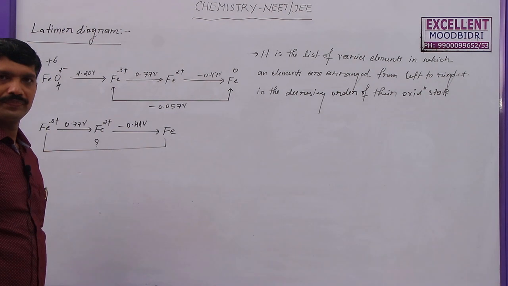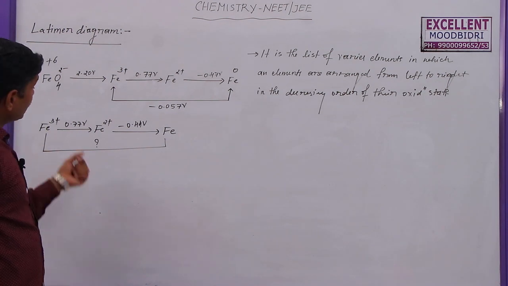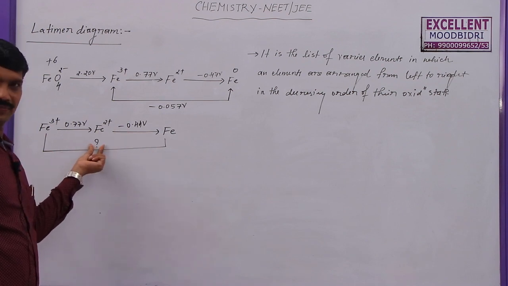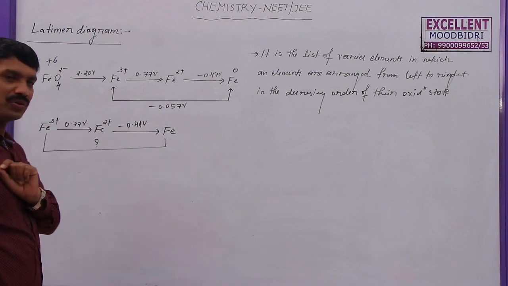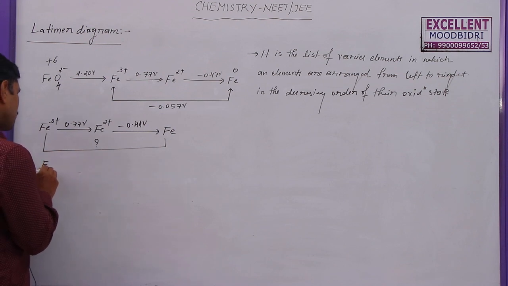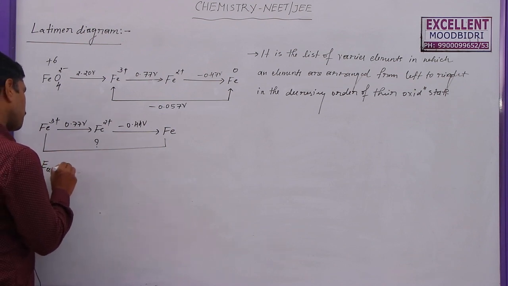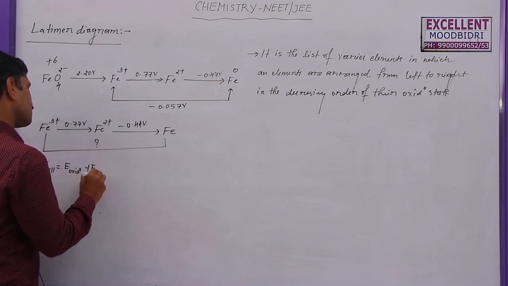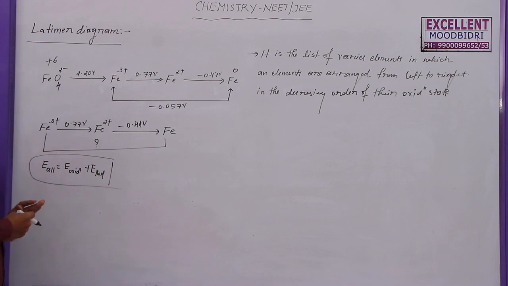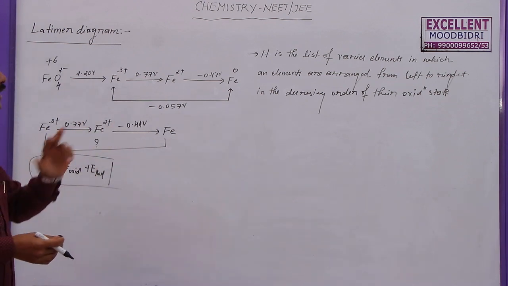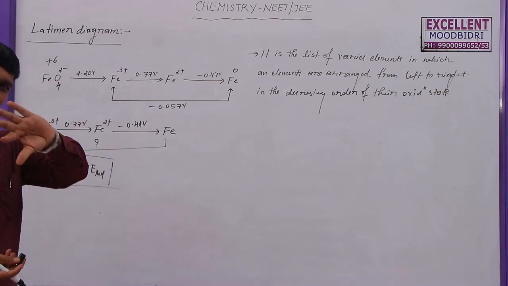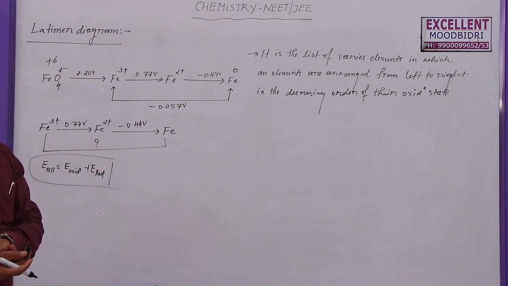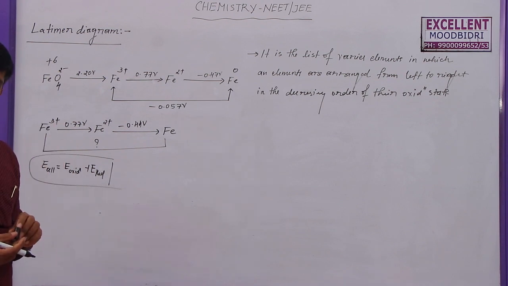Suppose one is an oxidation reaction and the other a reduction reaction, then we get the answer. E cell is equal to oxidation potential plus reduction potential. But here the sum of the two reduction reactions does not give the final answer, so in such cases you go for the thermodynamics concept.